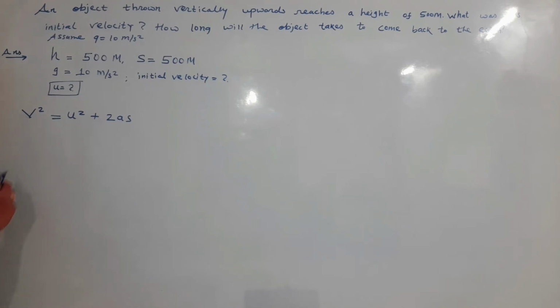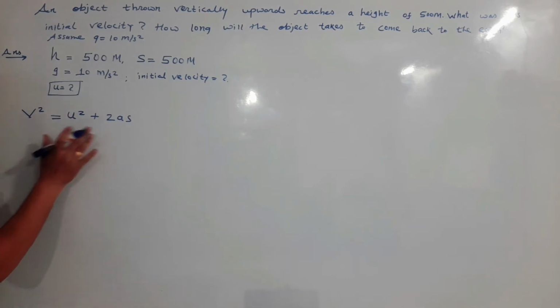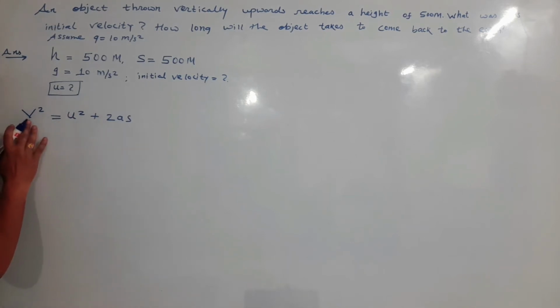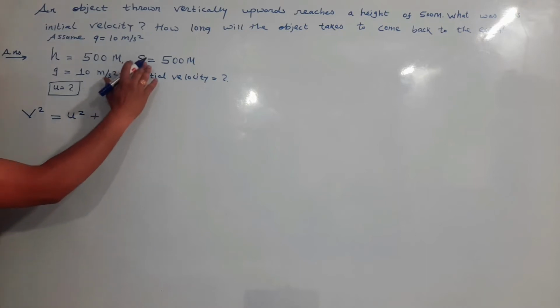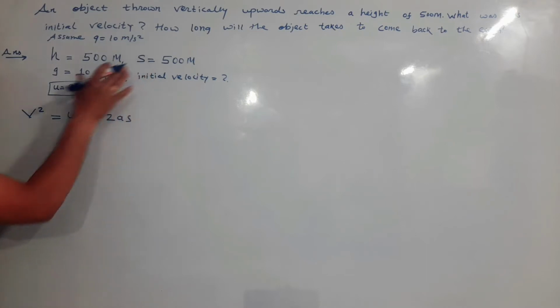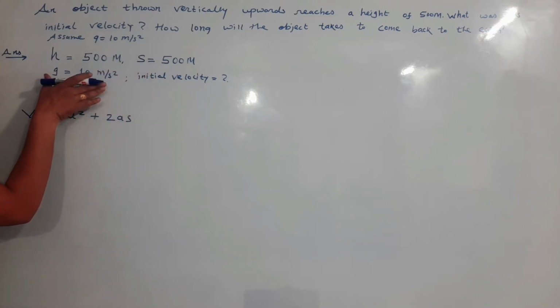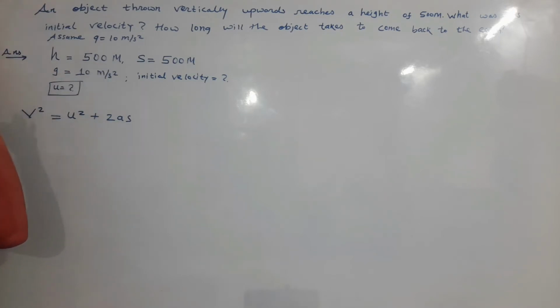In this kinematical equation we have a relationship between velocity and displacement of the body. Here displacement of the body is given and acceleration is given.